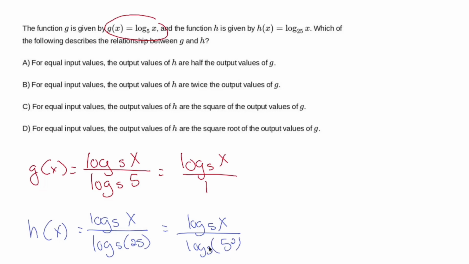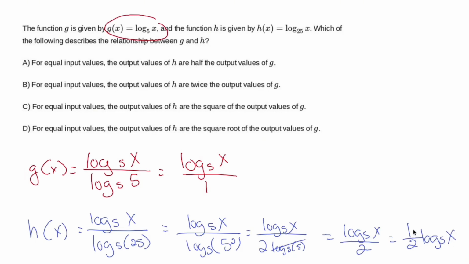Which means if I bring the 2 down, 2 times log base 5 of 5 becomes 1, so you cross out. So we get log base 5 of x over 2, which is half of log base 5 of x. So while g of x was log base 5 of x, h of x is half of that. Huh?